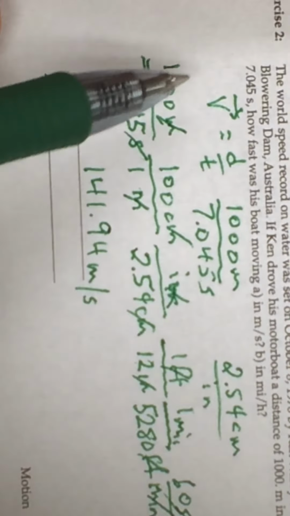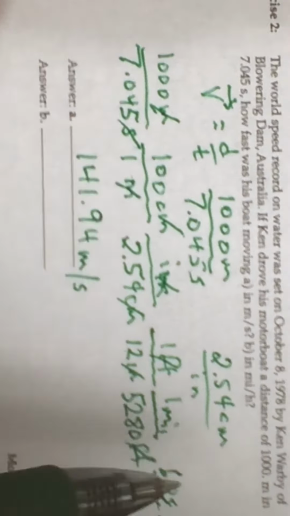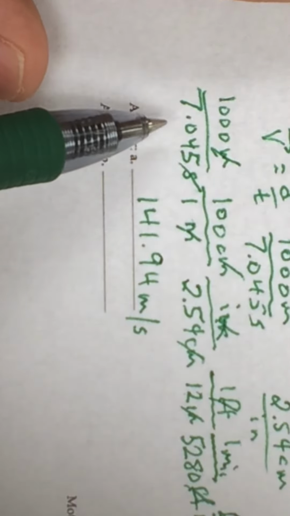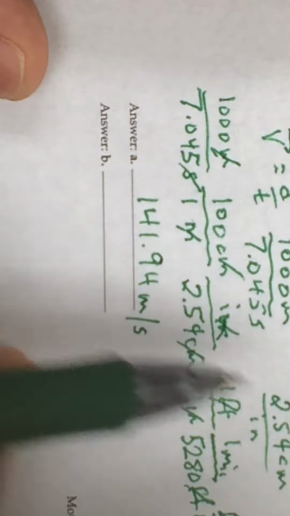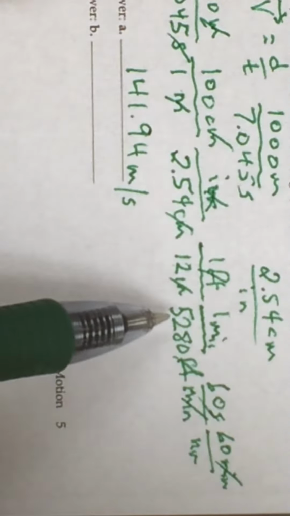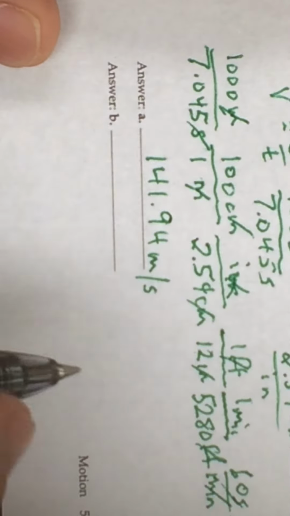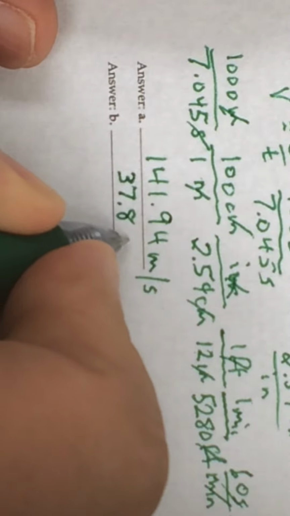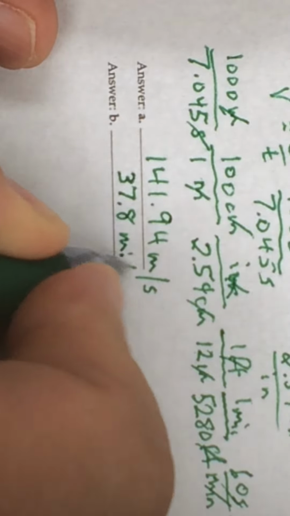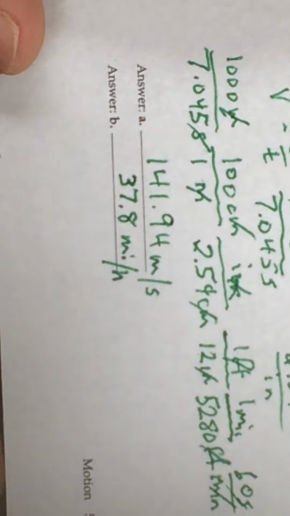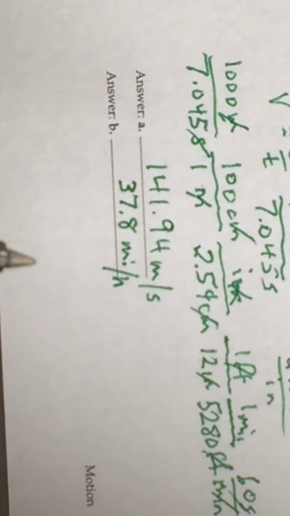So now minutes cancel, and my answer is going to be 1,000 times 100 times 60 times 60 divided by 7.045, divided again by 2.54, divided again by 5,280. And so my answer when I do all that is 37.8 miles per hour.